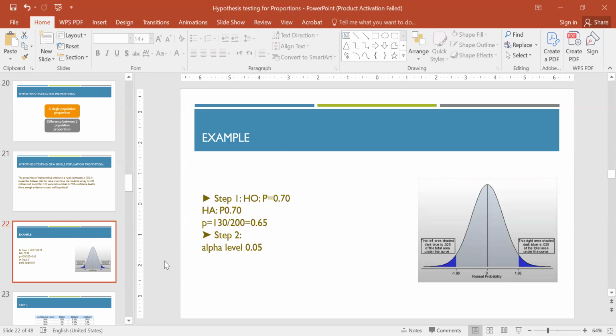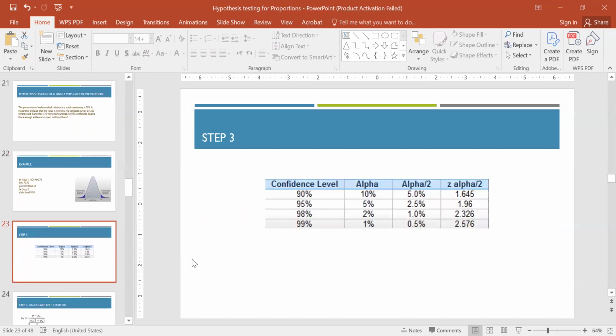In the second step, we define the alpha level, that is 0.05. Half of it will be on the left side and half of it on the right side: 0.025 on the positive side and 0.025 on the negative side.